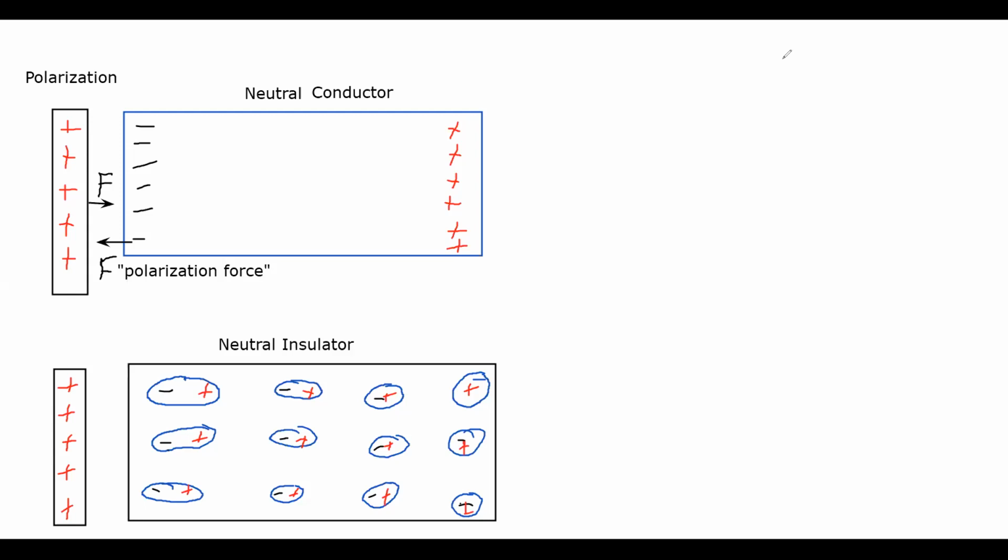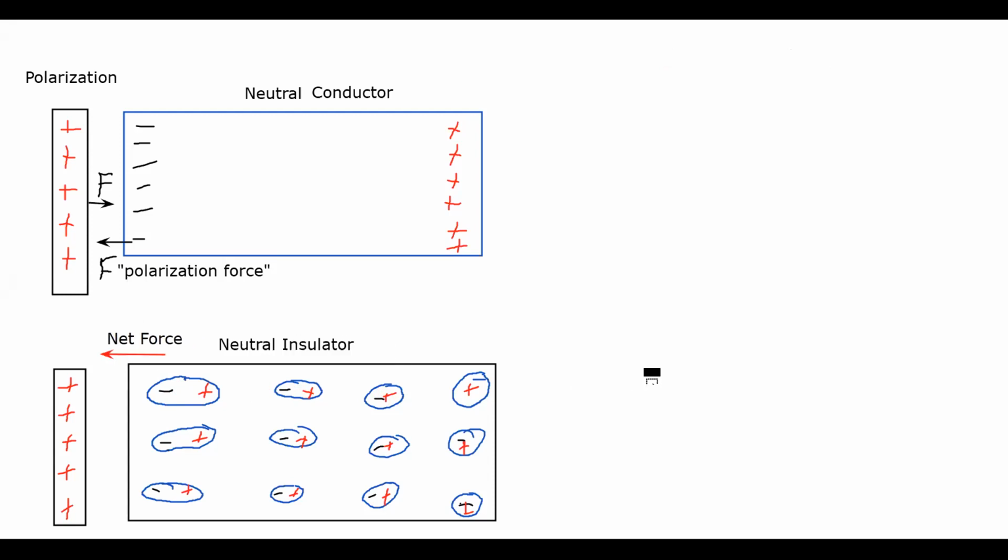But as you get closer to the rod, you definitely start to see that greater polarization, and that gives you a net force going this way. So you get a net force. Just because we're looking at an insulator, it doesn't mean you have no polarization force. You still do.